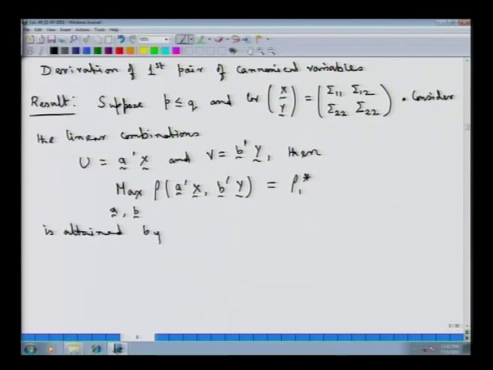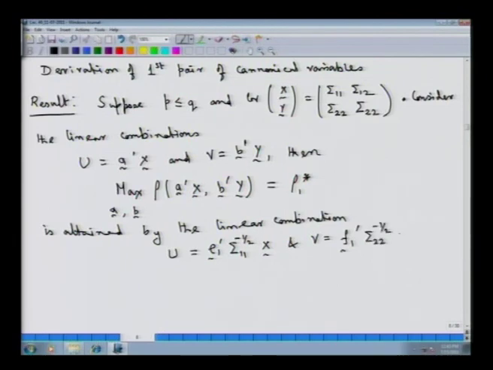by the linear combination U. This is the linear combination that we are going to obtain, which is given by E1 prime sigma 1 1 to the power minus half times x, and V equal to F1 prime sigma 2 2 to the power minus half times y.